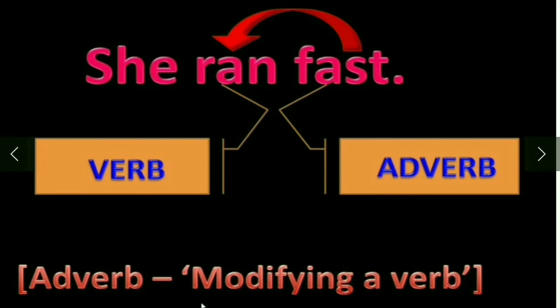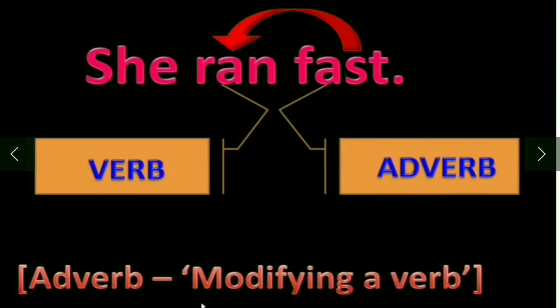So here our first example is she ran fast. Let's break the word in order to get a clear-cut idea about the adverb. So here she is the pronoun word, ran is a doing word or action word, and here the last word is fast.